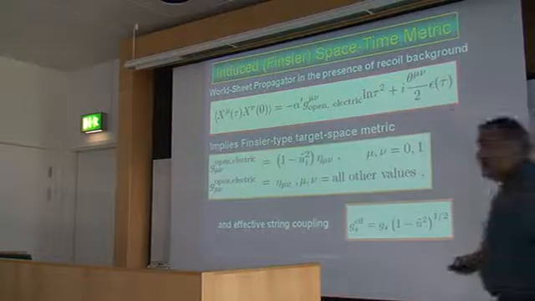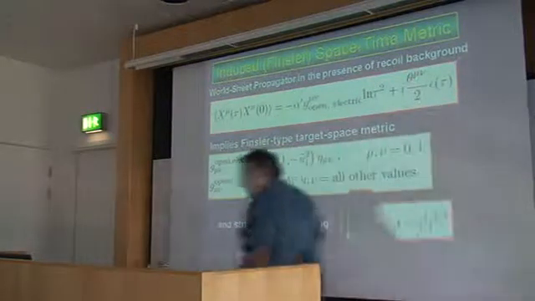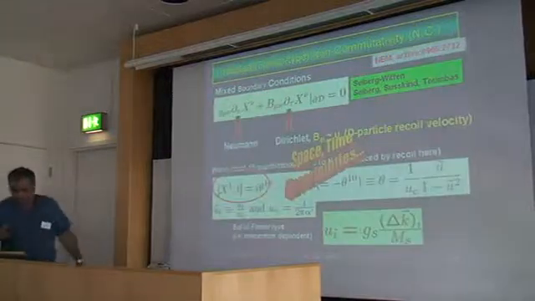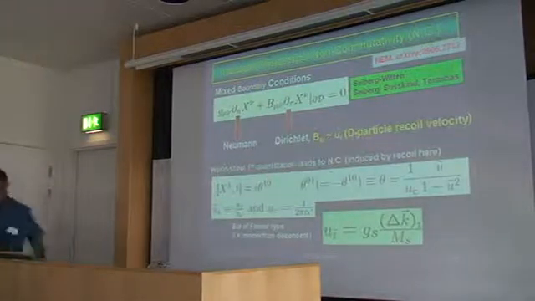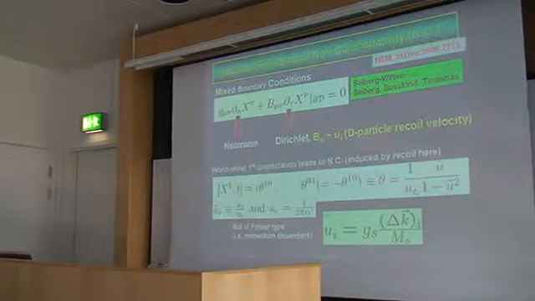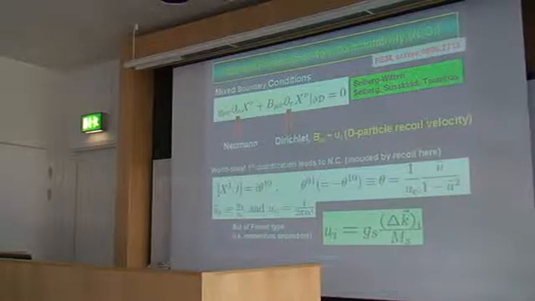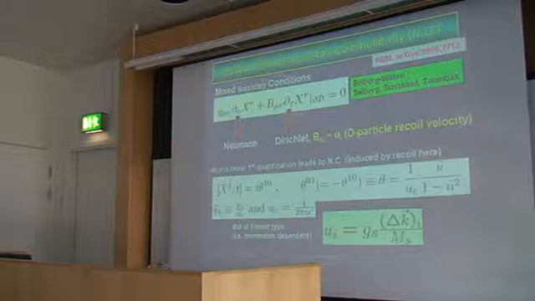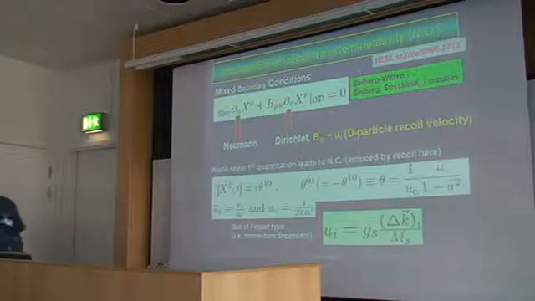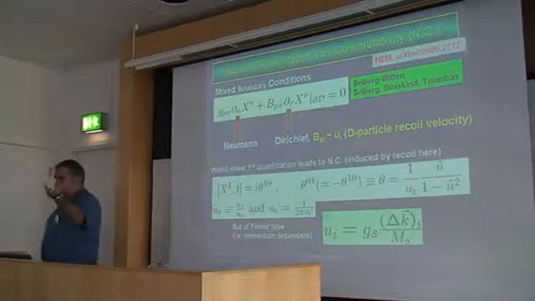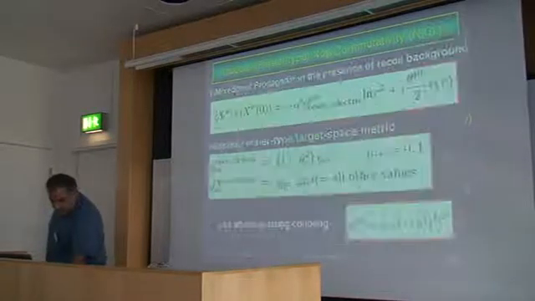What's theta mu? Theta mu is the non-commutativity, it's this. Theta 10 is the delay, is this parameter. The delay over 1 minus u squared. It's the B0, it's theta 10, only 0, so this is the recoil velocity. So having the recoil velocity induces both space-time non-commutativity and this quadratic dispersion.